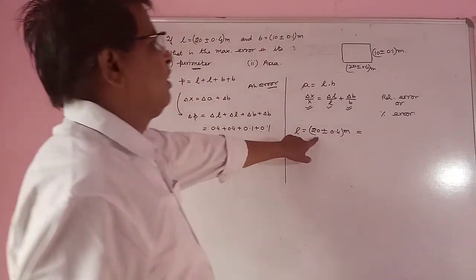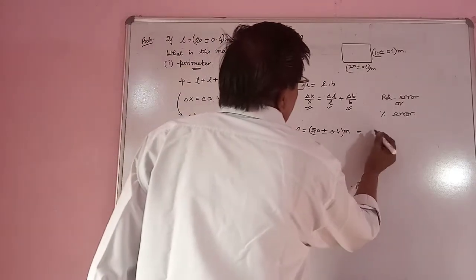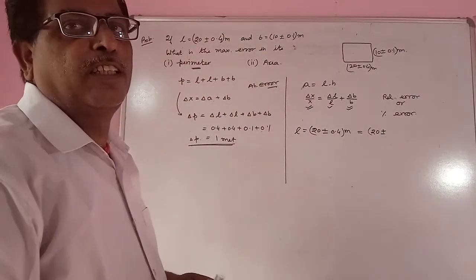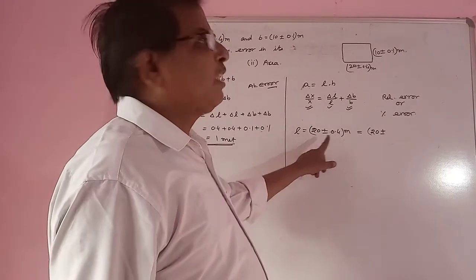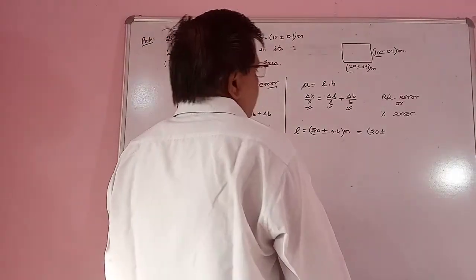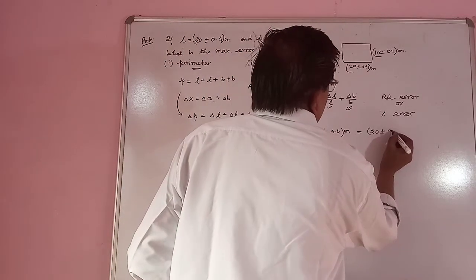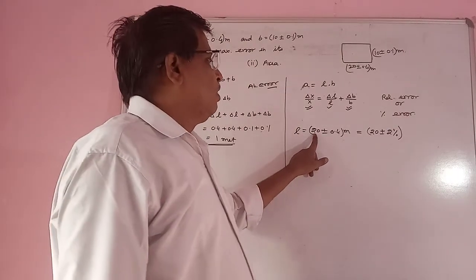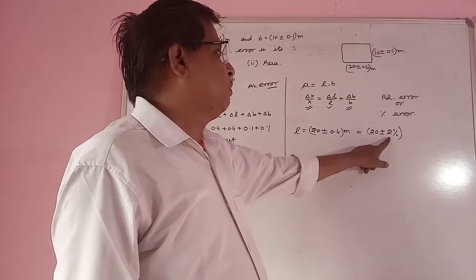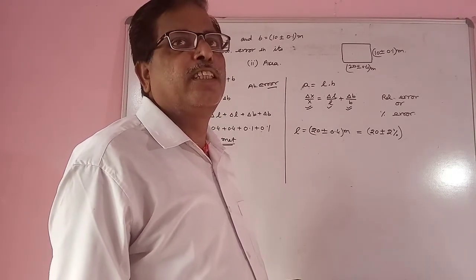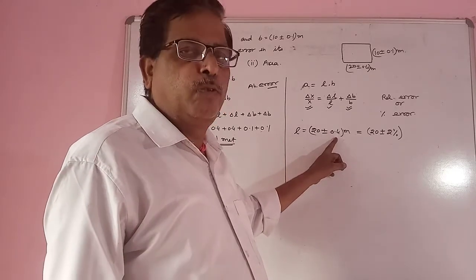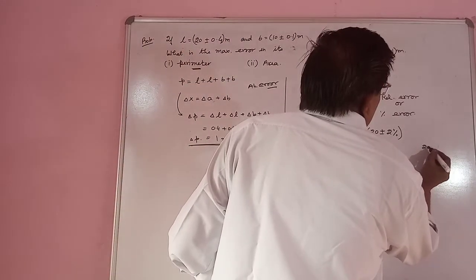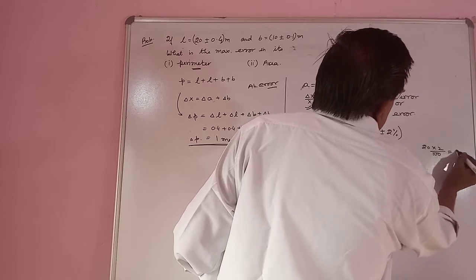If we write this in the form of percent, it becomes 20 plus minus 2%. 2% of 20 is 0.4, since 20 into 2 upon 100 is 0.4.